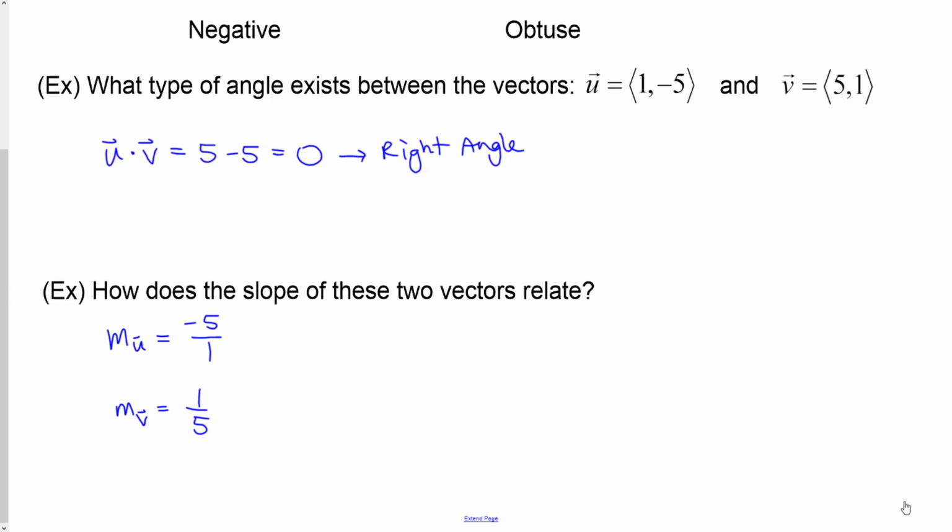So these are negative inverses of each other. What you learned is that those types of slopes were perpendicular to one another. And if they're perpendicular, they meet at a right angle. So that's actually where that law came from, through the study of vectors.